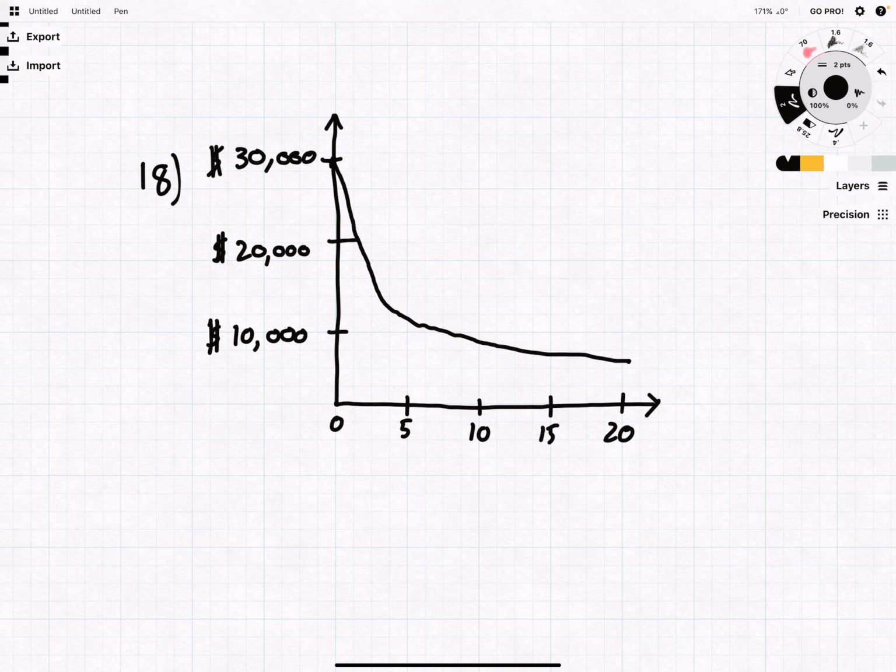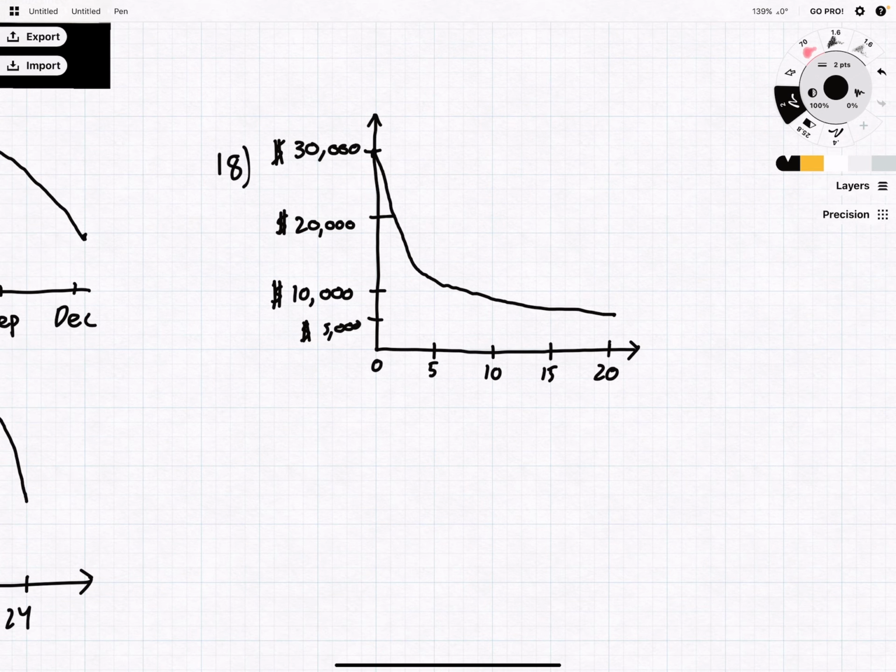But yeah, maybe at 20 years old, you'll be somewhere in this $5,000 range. As long as it's well maintained, I think that makes sense. Somewhere around 3,000 to 5,000. If you're lucky, you could find it cheaper. But again, just the idea of the rough graph.